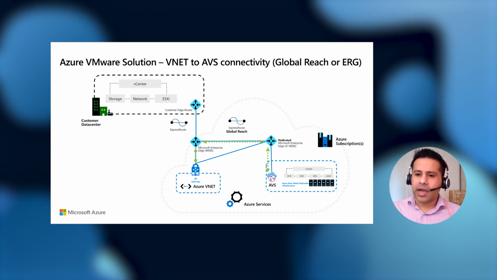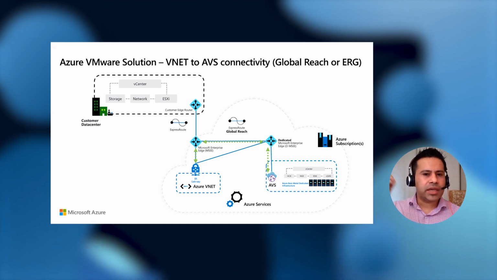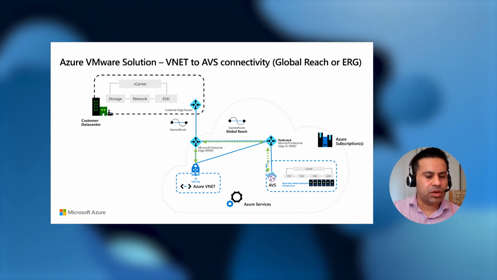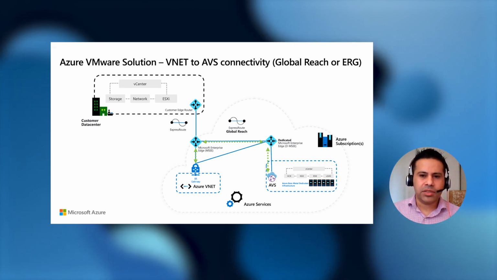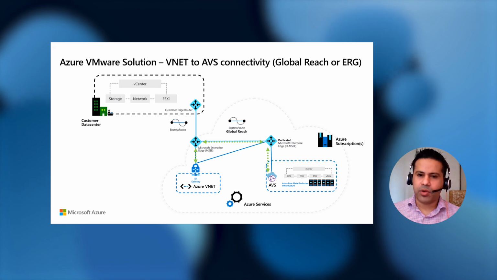Now, this is ideal in most cases, but in some cases, this Microsoft Enterprise Edge that I'm showing here could be sitting a few milliseconds away from the Azure DC in an Azure Edge location. In that case, the traffic from your AVS would go to that edge location and come back to the VNet.